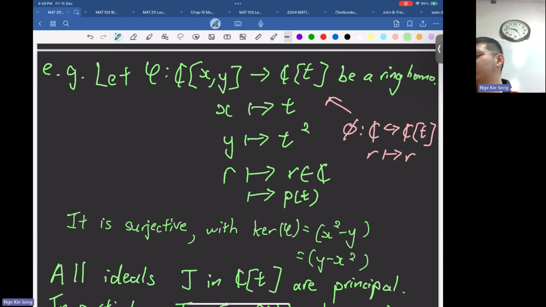For example, t squared, t cubed. You just take p(x), that's fine. Maybe there's another inverse, but p(x) works.